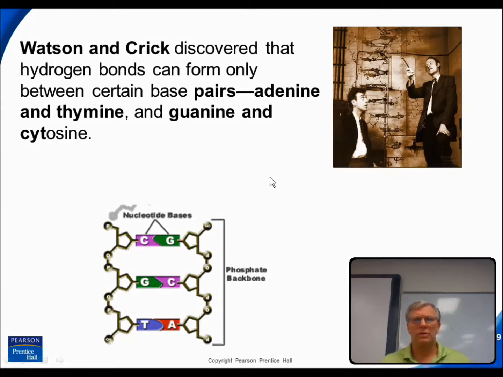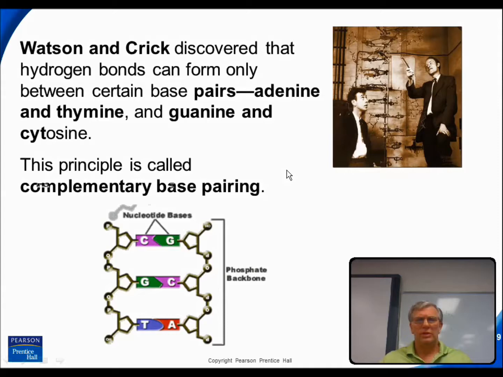So A with T, C with G. A with T, C with G are the only combinations. Those are the only pairs that can bond together. Watson and Crick called this complementary base pairing. Once again, A can only bond with T, C can only bond with G, and there are no exceptions to that rule.